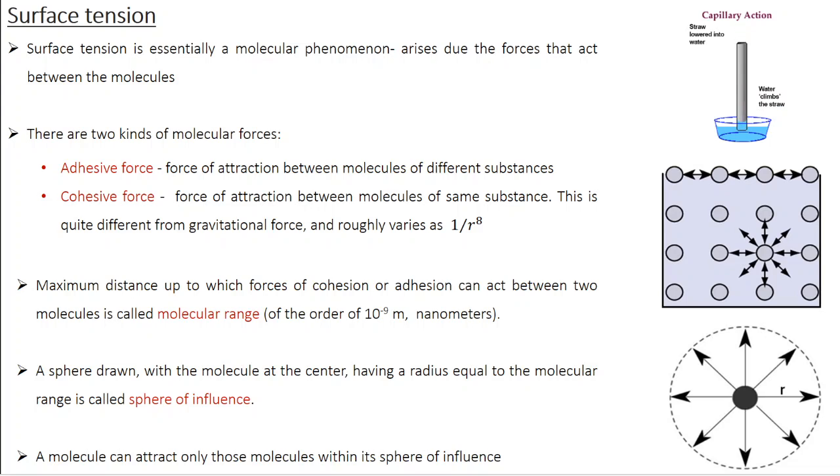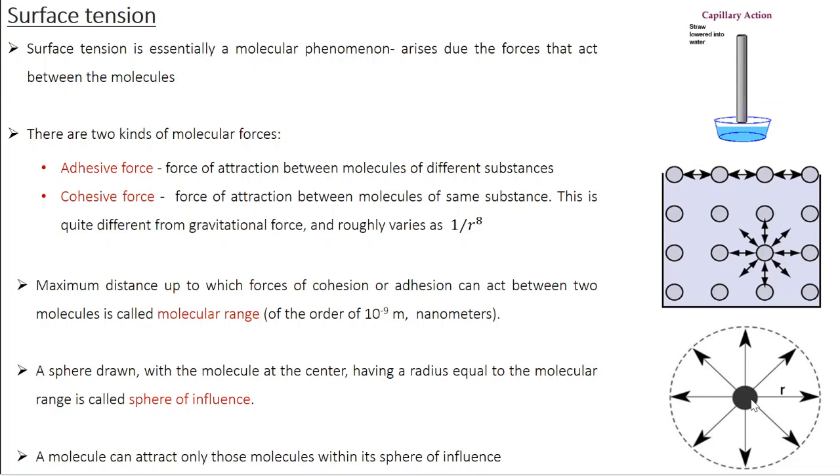Before going into the details of surface tension, we need to get familiarized with certain terminologies. The maximum distance up to which forces of cohesion or adhesion can act between two molecules is known as molecular range. This is typically of the order of few nanometers. As you know, 1 nanometer is 10 to the power minus 9 meter.